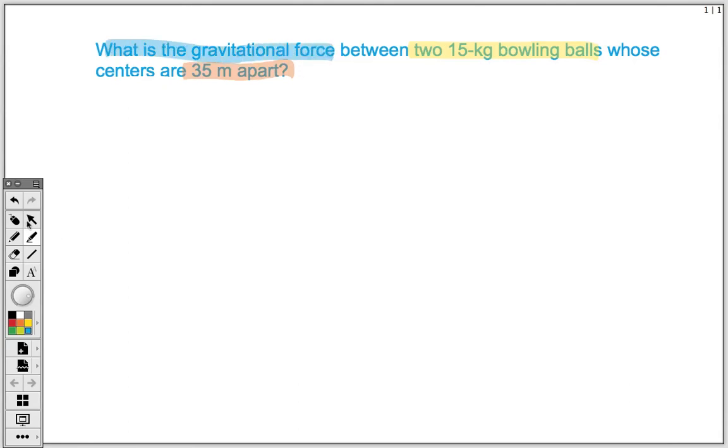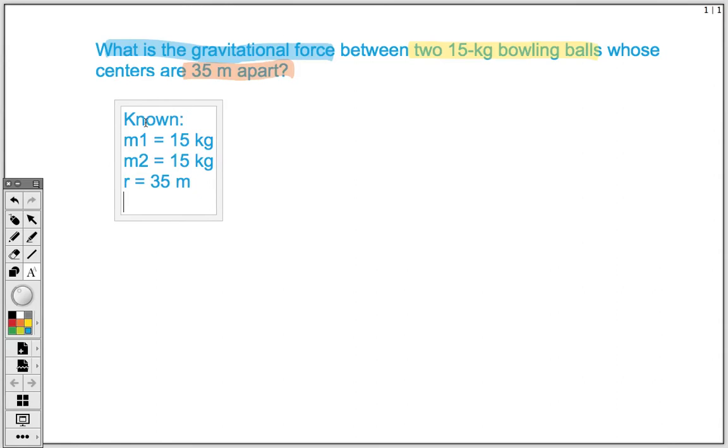What I always like to do as well is to list my known values and my unknown values. First of all, I know the mass of my first object is 15 kilograms. I know the mass of my second object is, once again, 15 kilograms. I know the radius, the distance between my objects, is 35 meters.